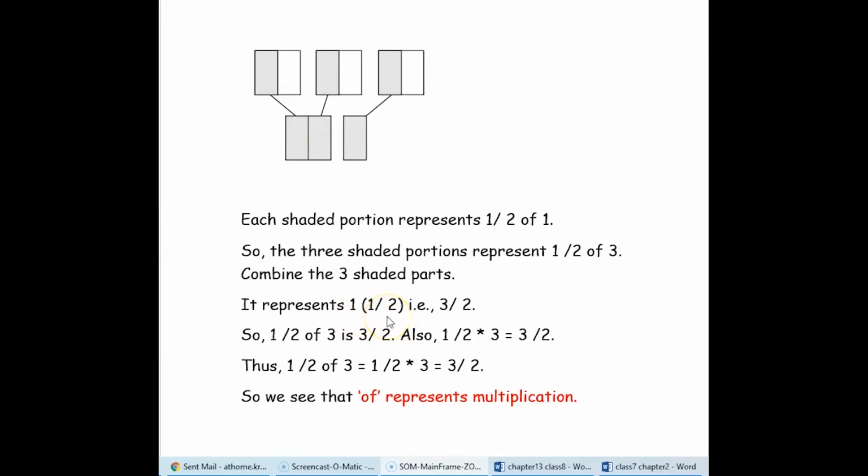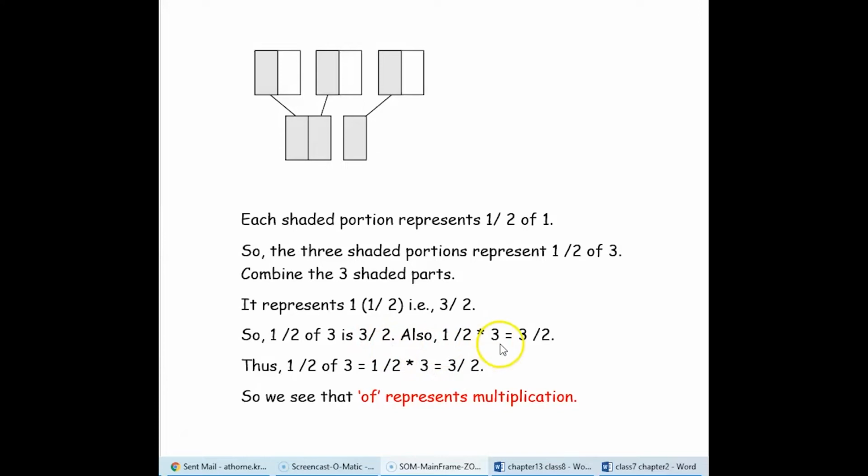If it is a mixed fraction 1 and 1 by 2, we can write it as 3 divided by 2. So half of 3. Totally we have three parts, three squares. So we can say half of 3 is 3 divided by 2. How can we write it?